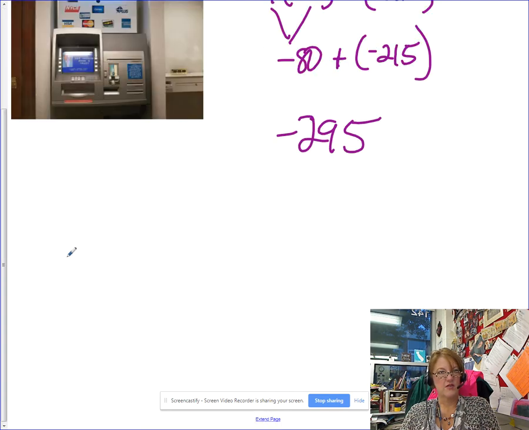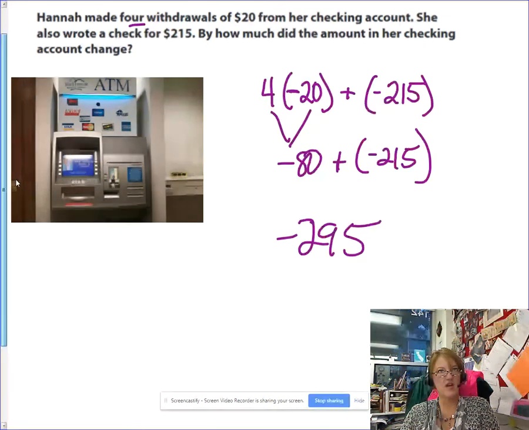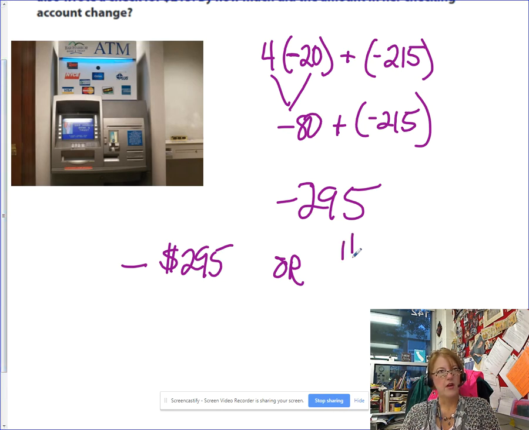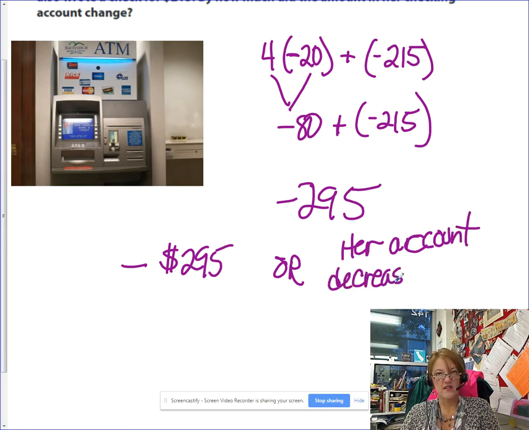Here's how you should answer this question, because it says, by how much did the amount in your checking account change? If you wrote negative $295, I'd say great. Or if you want to say something like, her account decreased by $295.